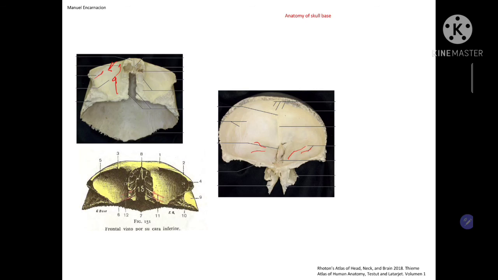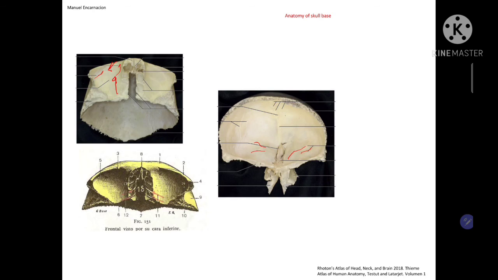In the end, we can talk about the frontal sinus. The sinus is a cavity full of air inside of the bone. There are usually two cavities, and they communicate with the nostril in the middle meatus by the ethmoidal infundibulum.